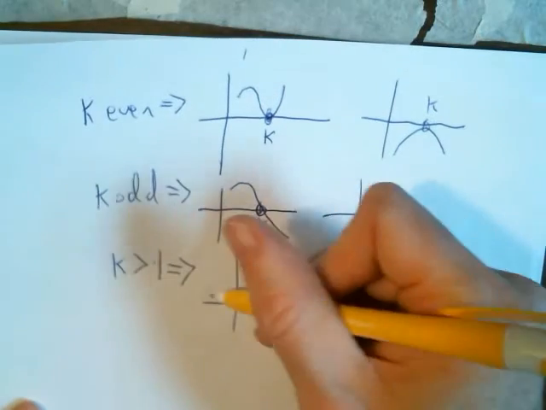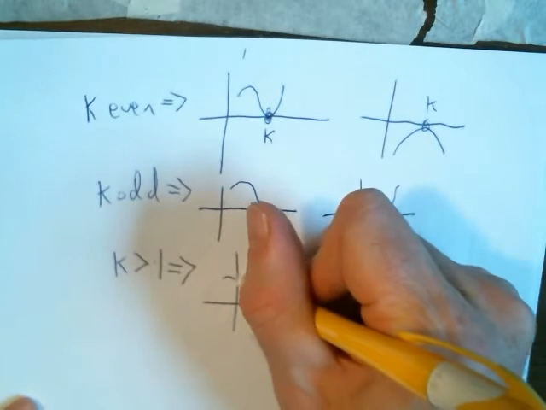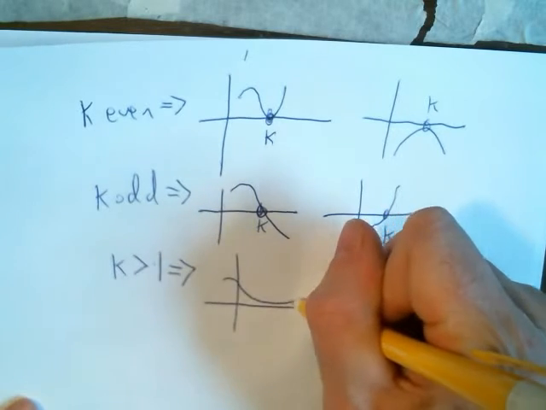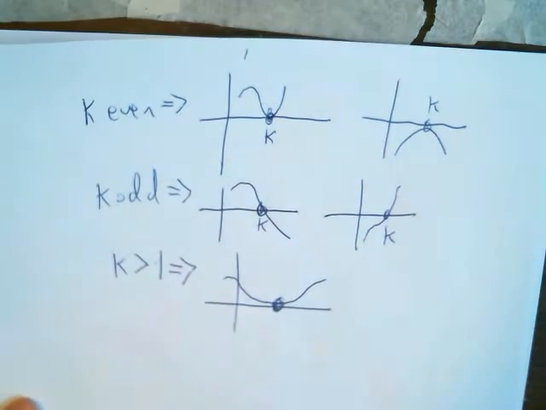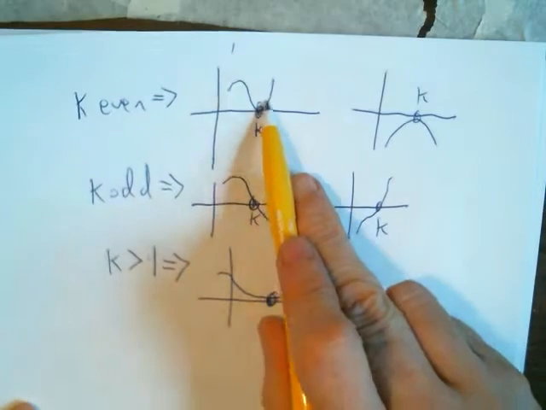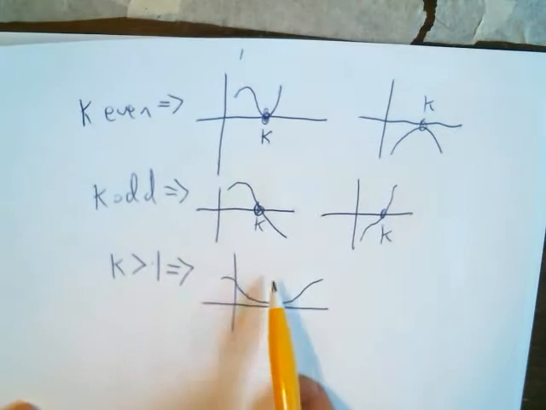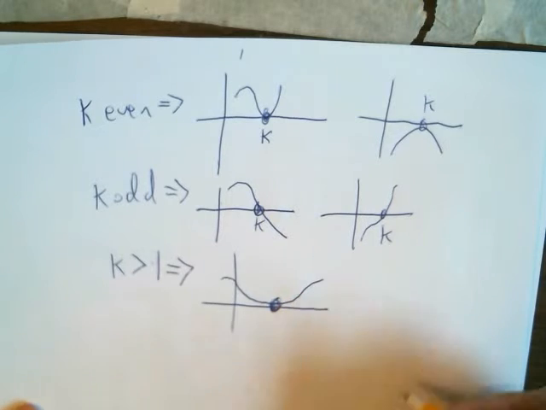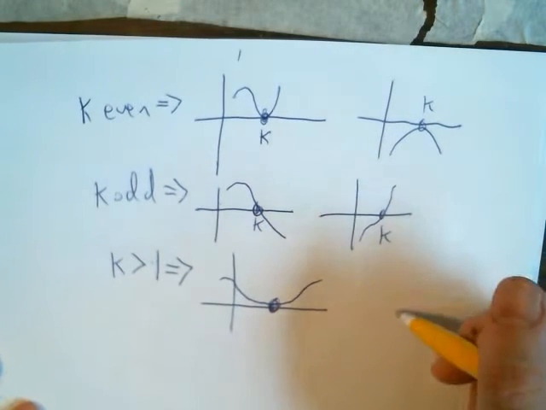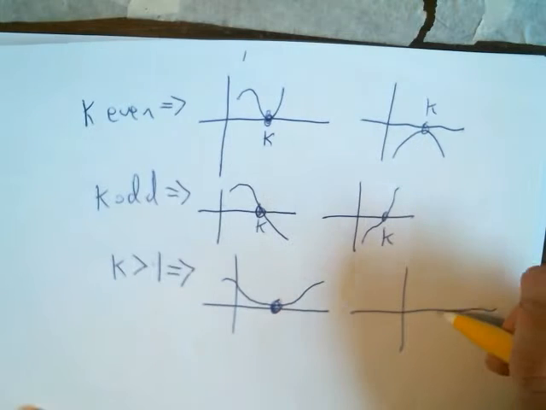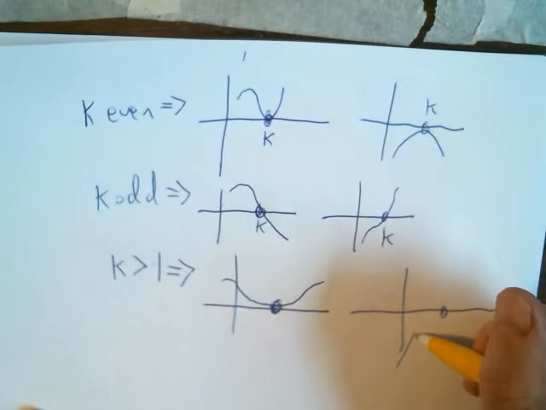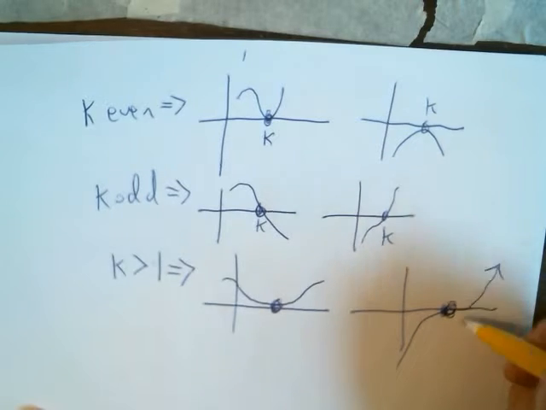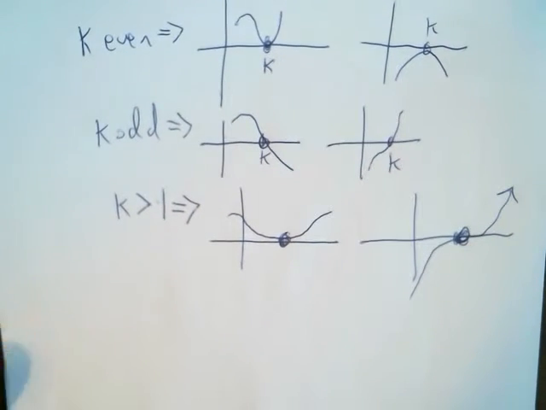In the particular case where it's bouncing off the graph, you'll see something more like this happening, as opposed to this one where it's just very quickly bouncing off. This is more of a skip. And the same goes for going through the axis. It'll get more and more flat as k increases.